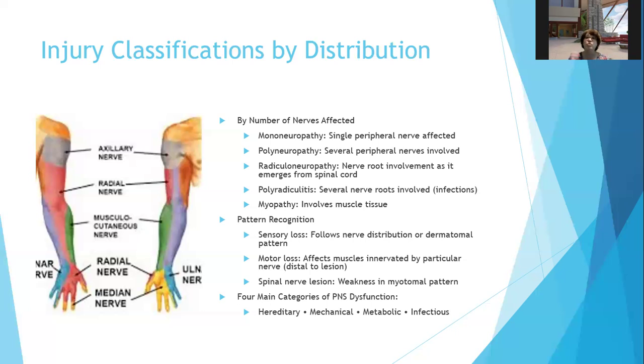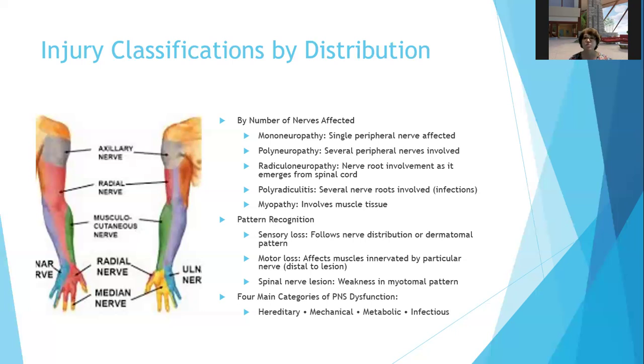Radiculoneuropathy is where there's a nerve root involved as it emerges from the spinal cord, and one nerve radiates down that peripheral nerve pathway. Polyradiculitis is several nerve roots involved, and that usually has to do with an infection. Myopathy is where muscle tissue gets in on it, so there's muscle involved.